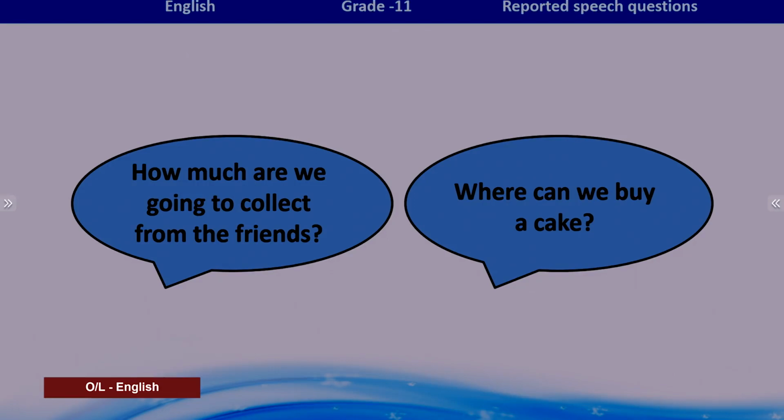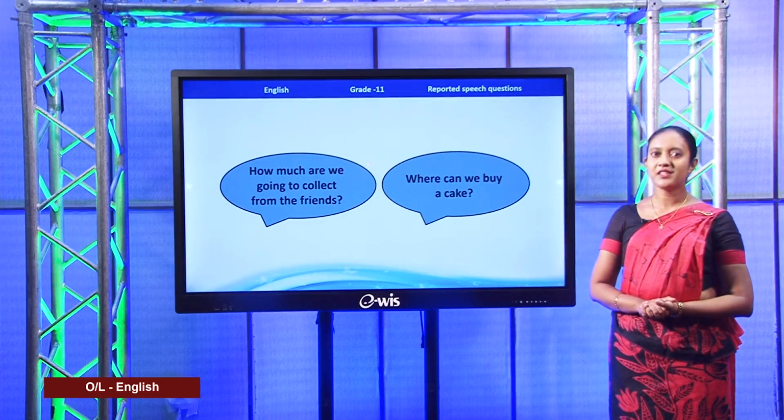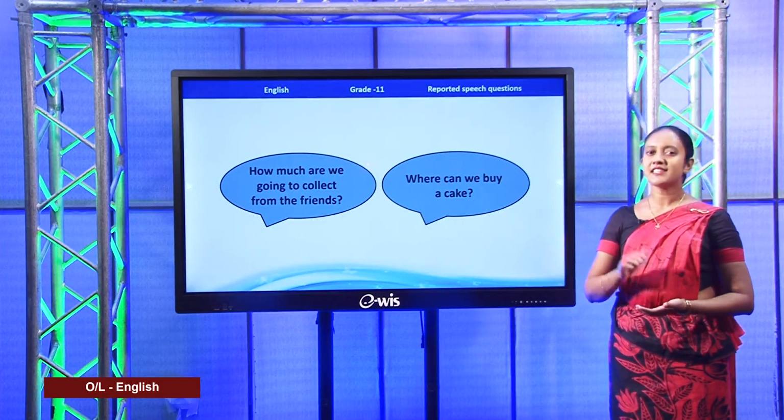No, they are different. Because these two questions start with the WH question words how much and where. So earlier I told you we call them what? We call them WH questions. Now let's see how to convert WH questions to reported speech.